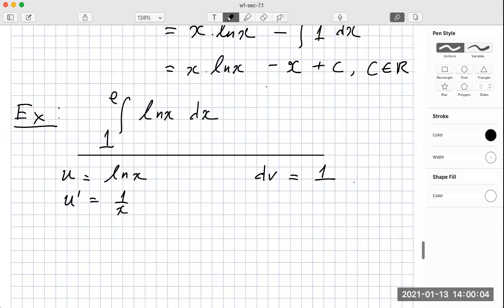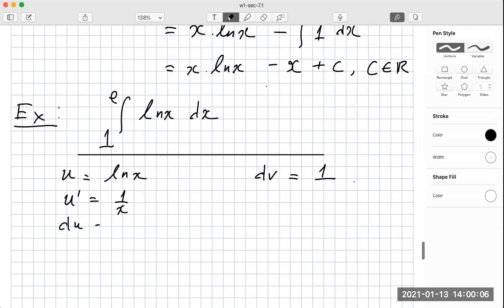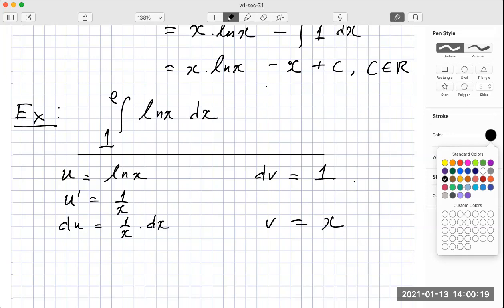Or we write it, du is 1 over x dx here, right? Same things. And v would be integral of this, which is x. So the rule is like this.